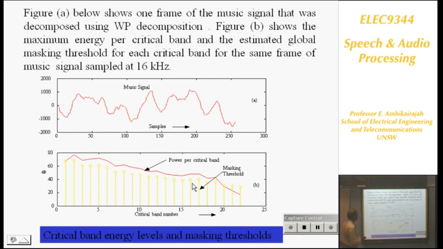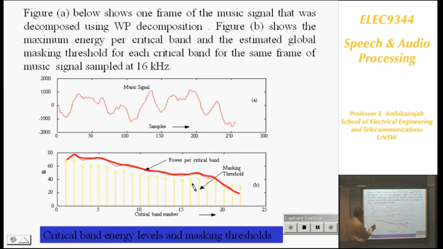In this diagram, I am showing a musical signal, and these are the power energy of the signal, the summation. It's not an individual value. It's not an average value. It's just the energy in that band, or basically we can say power in the band.